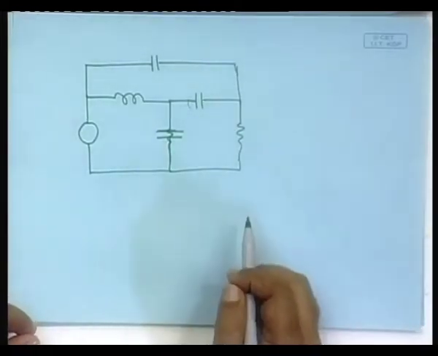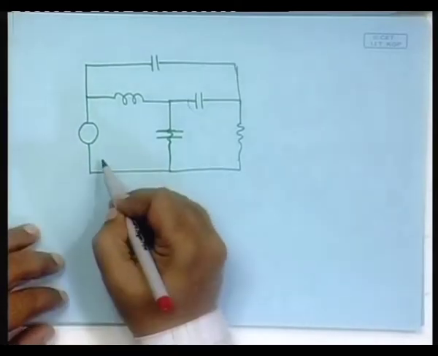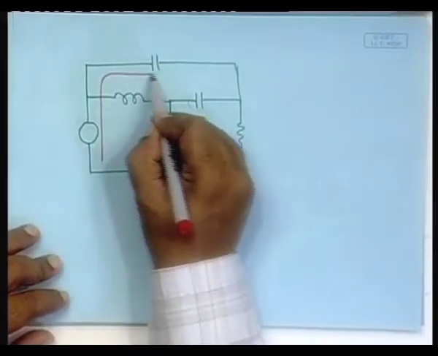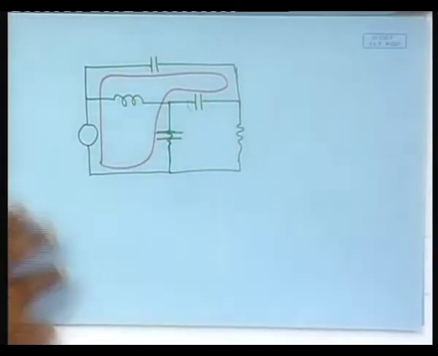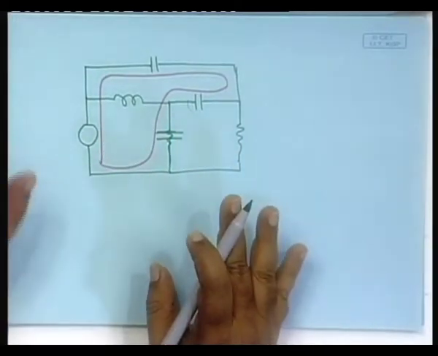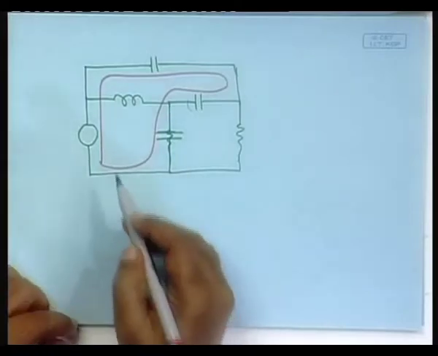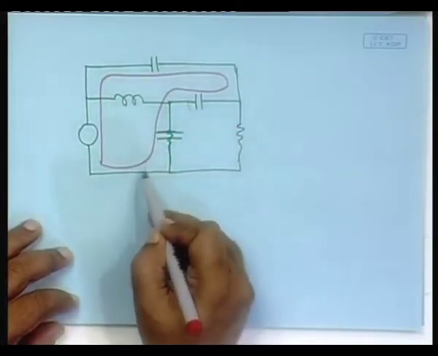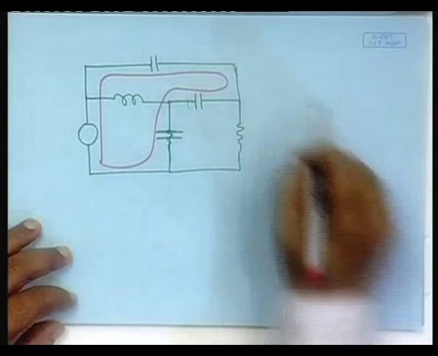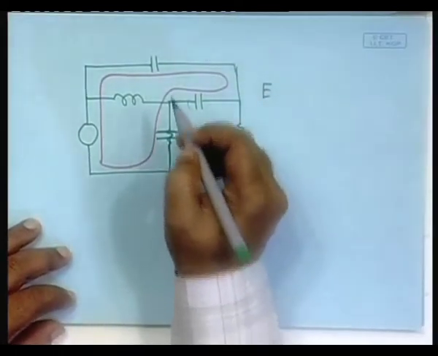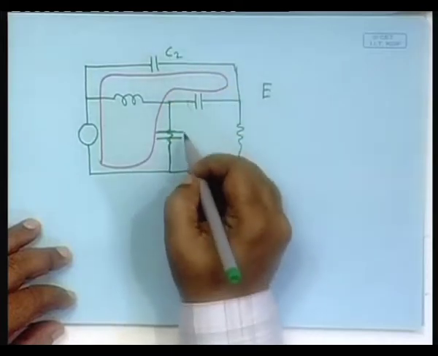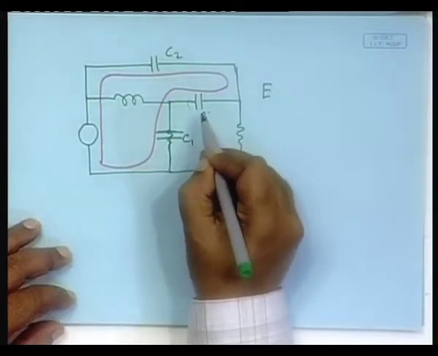At this time, I can identify a node and identify a loop like this. It is after all a loop, it is not a window, it is not a mesh, but it is a loop. If you write the KVL in this loop, what do you have? Say this is C2, this is C1, this is C3.